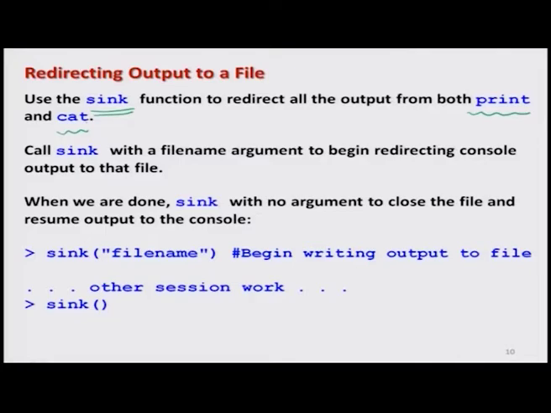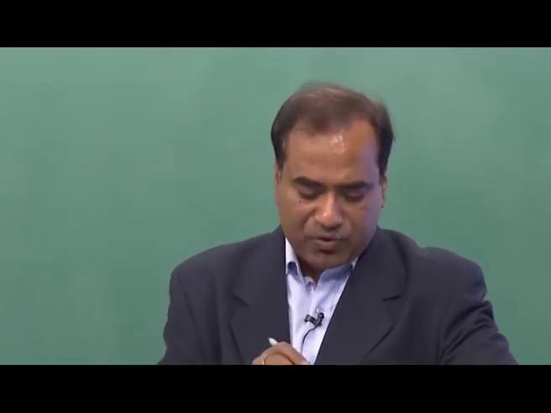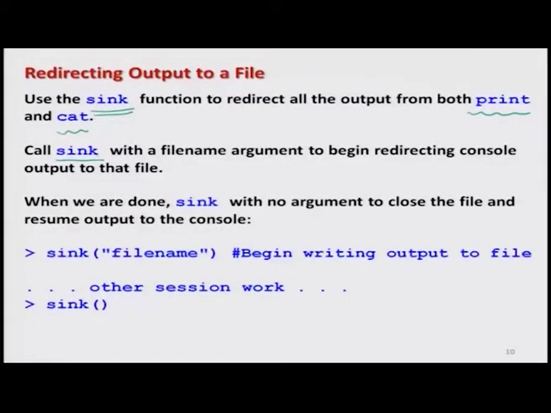Now, if I want to redirect the outcome of a cat, what we have to do first is call the sink function, and I have to inform R what the name of the file is in which the outcome is going to be stored.